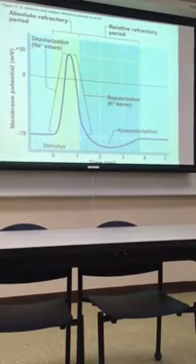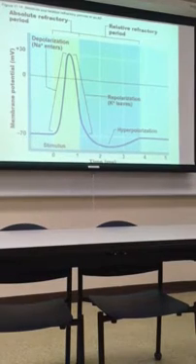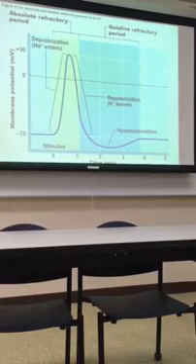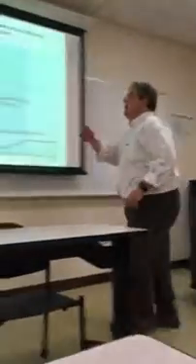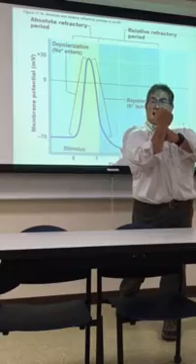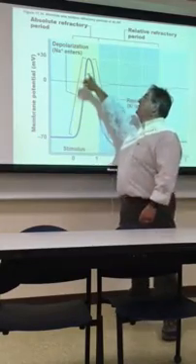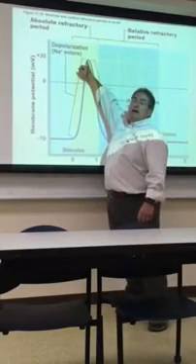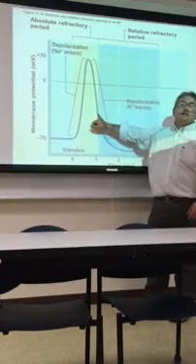The sodium ion channel in the axon opens upon threshold depolarization. It stays open until we get to here, and then there's a little cork that sticks in it called an inactivation gate. And that cork sticks in it here, and the cork remains in place to here.